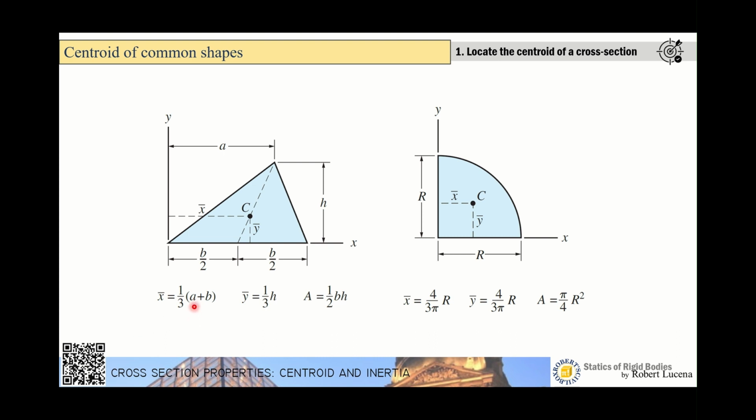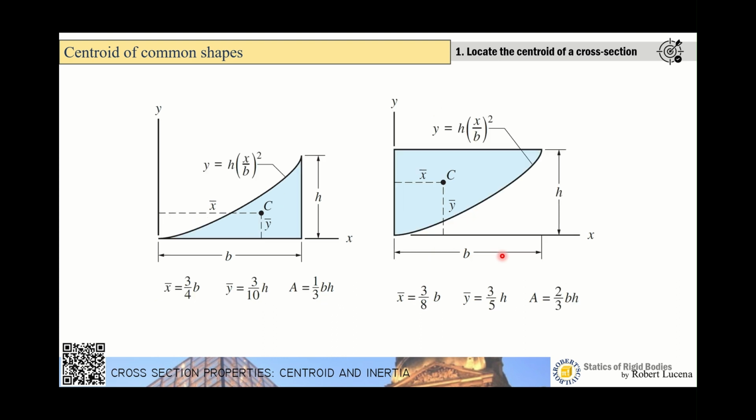You have here the location of centroid of the triangle, which is 1/3 of a plus b, and the location measured from the x-axis, which is 1/3 of h, and the area is 1/2 base times height. For the quarter circle, the location of x bar and y bar is also presented here, and the area.